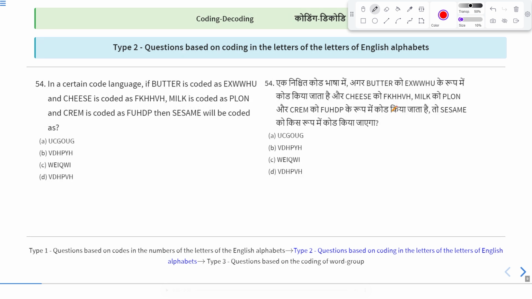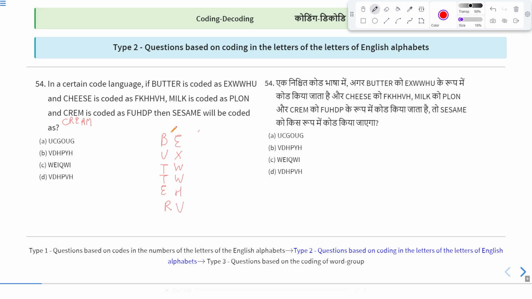In a certain code language, if BUTTER is coded as EXWWHU, CHEESE is coded as FKHHVH, MILK is PLON, and CREAM is coded as FUHDP, then how is SESAME coded?